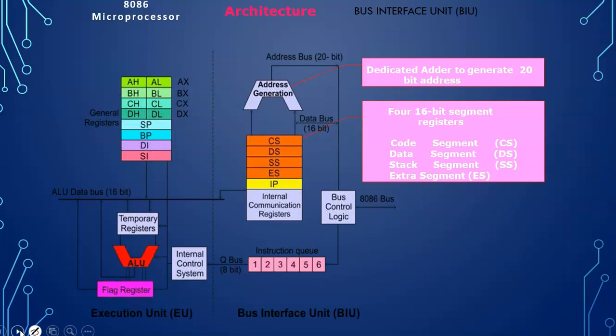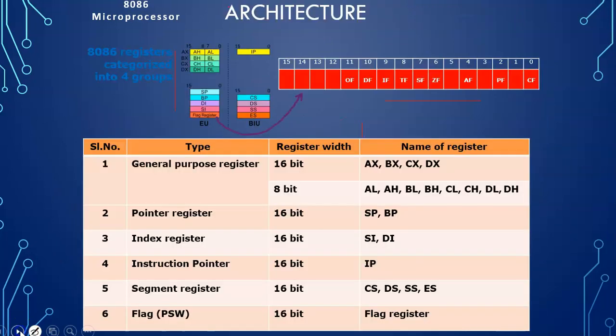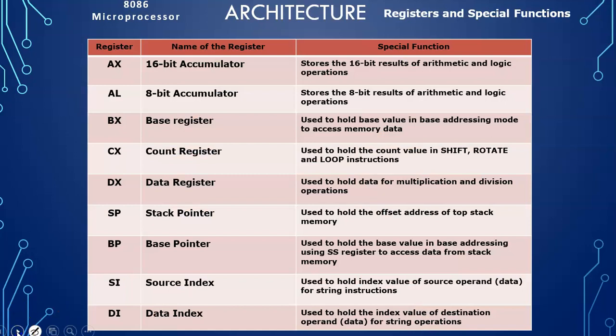Okay, so what we have to do. Okay, this is a register. I don't prefer to explain the register here at this moment because it's quite complicated to explain now. We will look at the registers and their functions when we do the simulation.